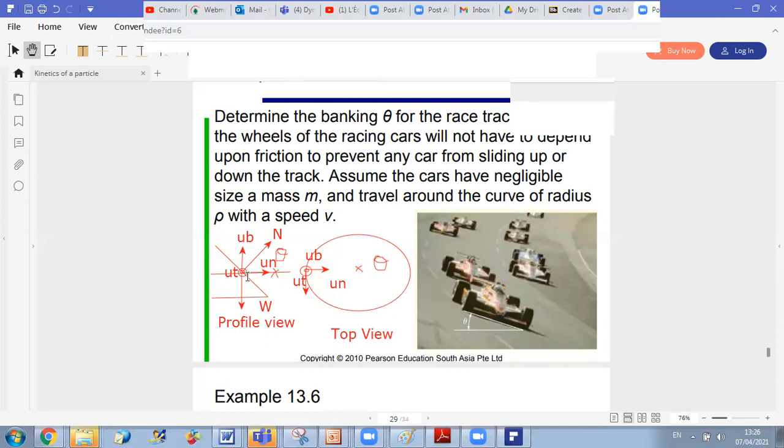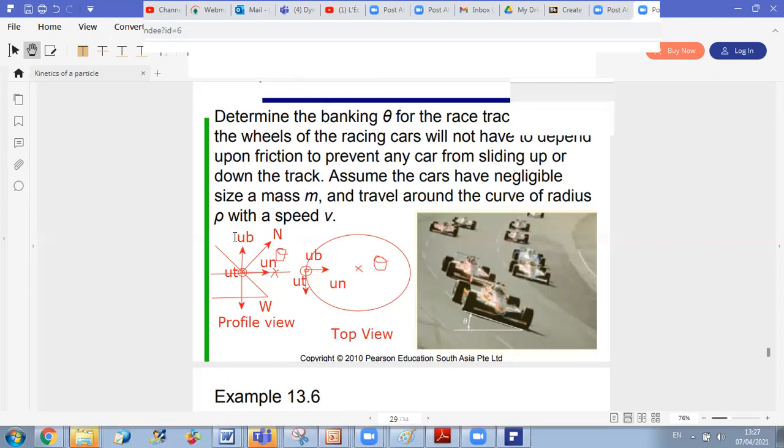Okay. Now, concerning W, W is only along UB in the negative direction, while the normal has two components, one along UN, one along UB. We will see together that the component of N along UN is what makes me turn.